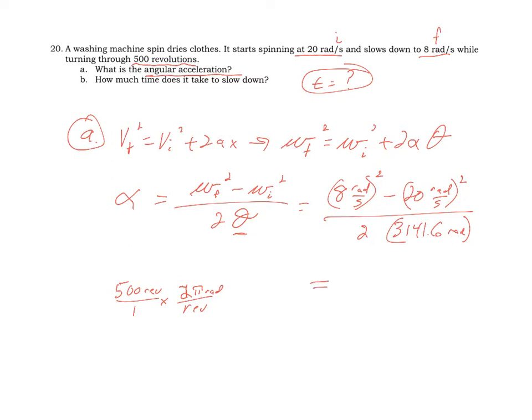And now it's just calculator game, right? This is 64 radians squared per second squared, minus 400 radians squared per second squared, divided by 6283.2 radians.